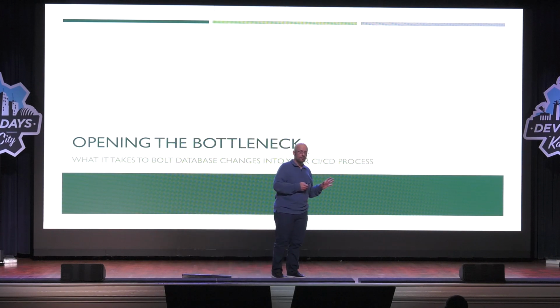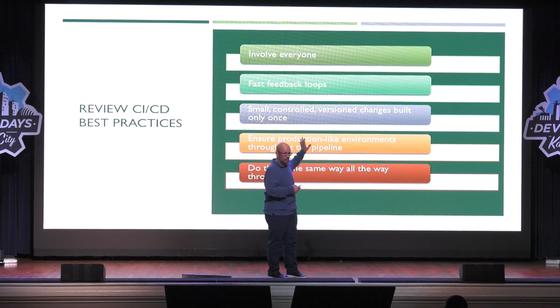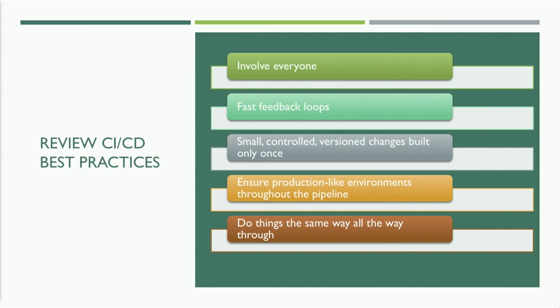Good news, folks. Just throw some example CI/CD practices up here, right? Here's the thing. All these practices that we talk about for CI/CD for our applications, they all apply. All these principles apply to doing the database changes, right? Involving everyone, keeping our feedback loops short and our batches small.